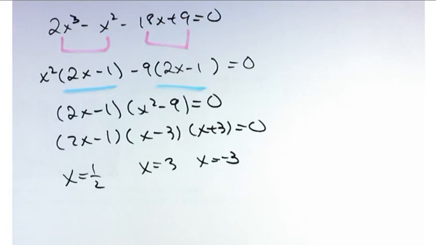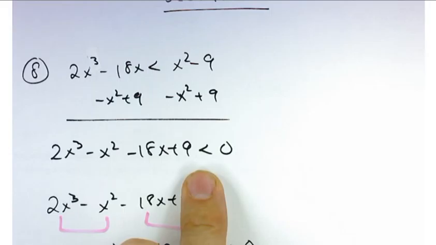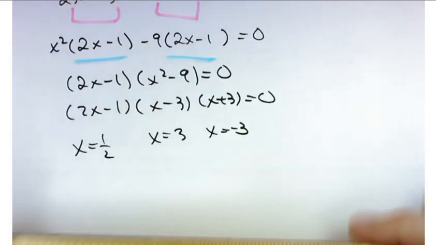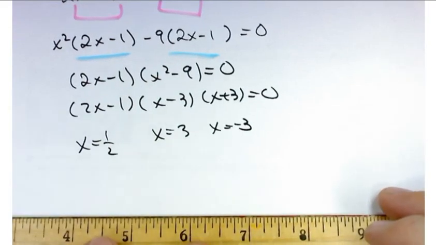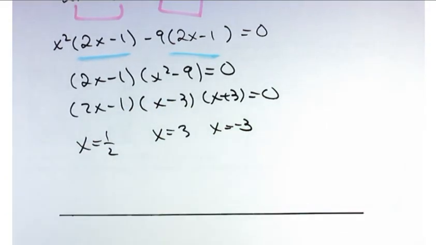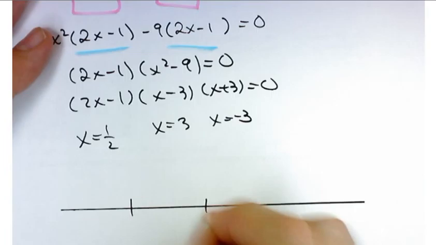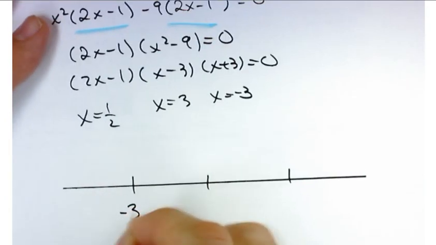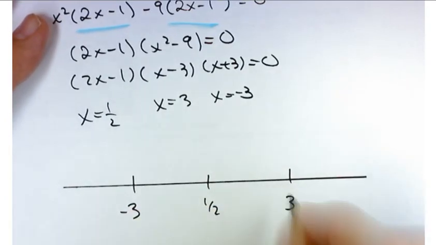Now that's where the graph crosses the x-axis. We're not interested in just where it crosses the x-axis. We want to know where the graph is below the x-axis. So let's start by putting those numbers on a number line. I've got numbers at negative 3, 1/2, and 3.